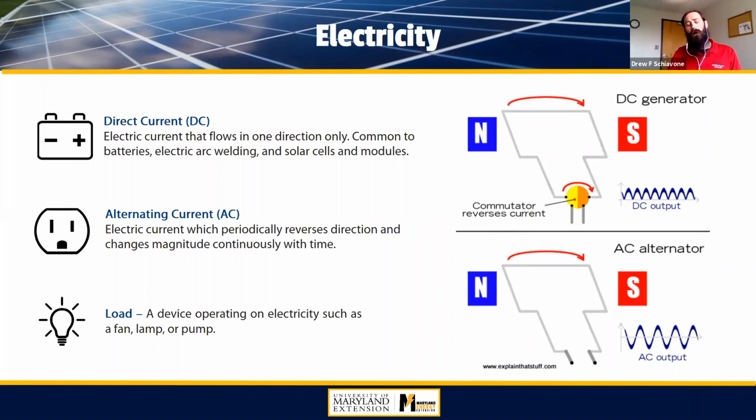I'll touch here on a couple of key terms that we need to recognize. Again, not to get into too much detail, but I do want to make a distinction between direct current and alternating current. Direct current is when the electrons flow in a single direction. This is the type of flow that we're going to experience with solar PV systems as well as battery systems.